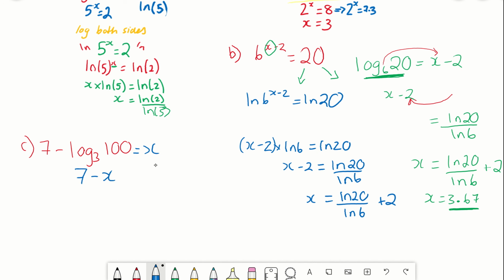So then I get 7 minus x is equal to log 3 of 100. From there, you can do your exponential form and then log both sides, or just change your base straight away. But the idea is if they give you a question that's got other things around the log, just remove everything else to the other side before you change your base or do your exponential equation.